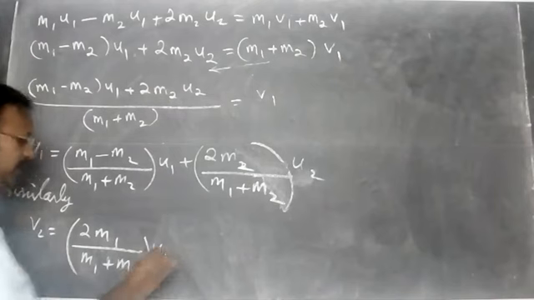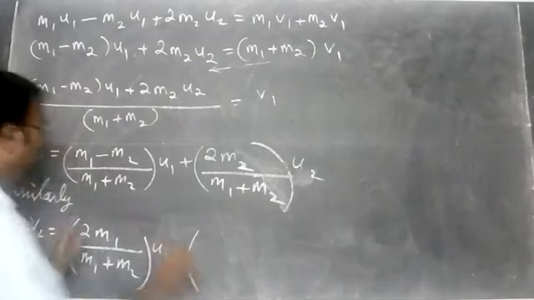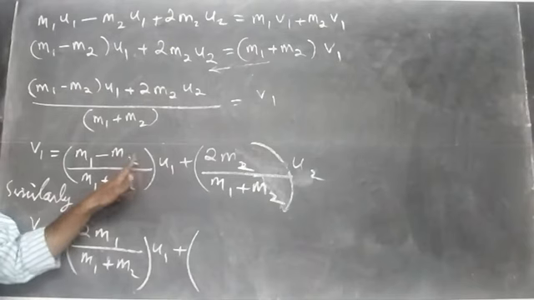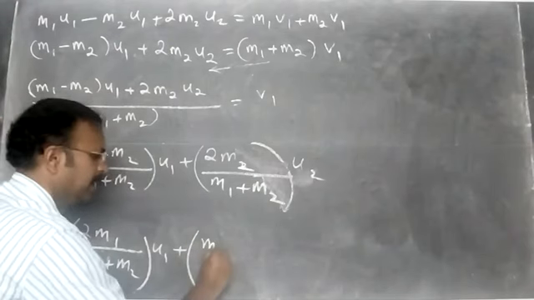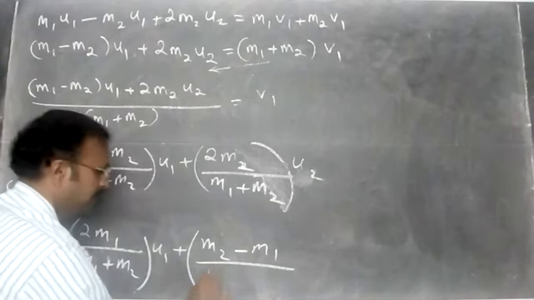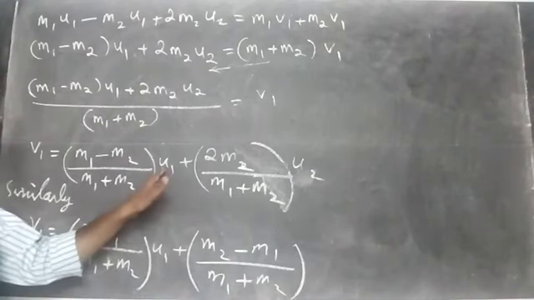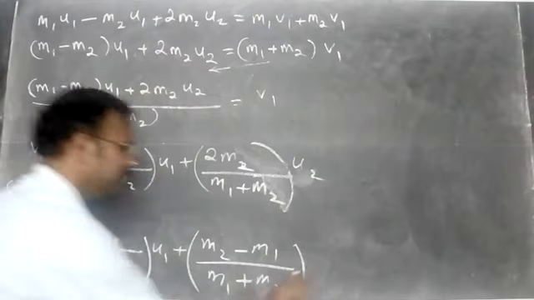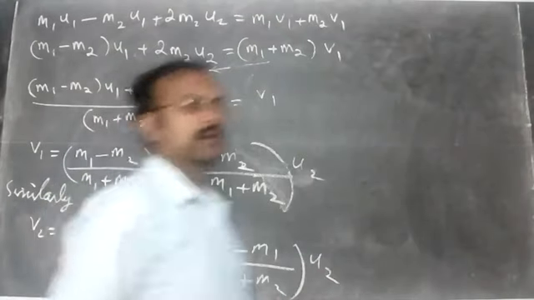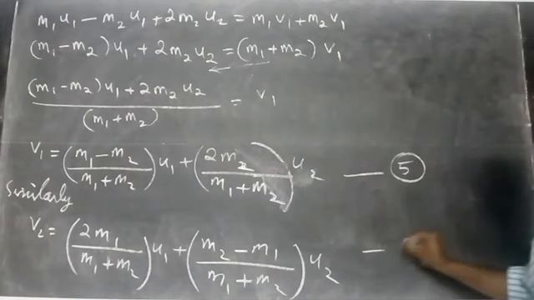Then plus the second term, m1 minus m2 rearranged, so it will be m2 minus m1 by m1 plus m2 into u2 instead of u1. These two equations we can write as equation number 5 and equation number 6.